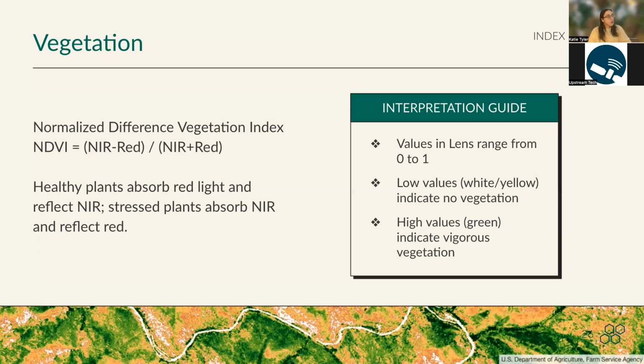So these differences will mean that healthy plants will have higher values and stressed plants will have much lower values. In Lens, this will look like healthy, vigorous vegetation will be dark green with values close to 1, and stressed vegetation or no vegetation will be white to yellow to red and have values closer to 0.